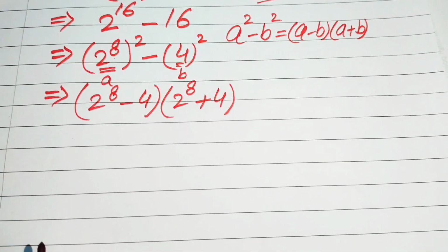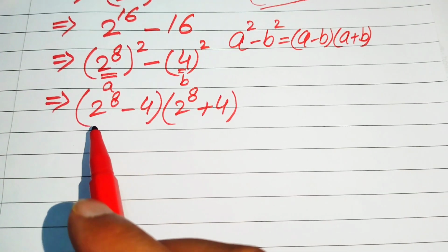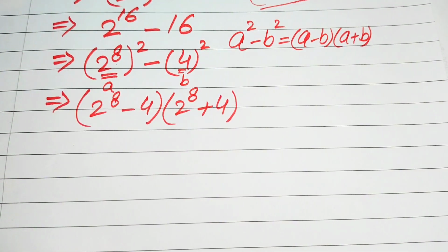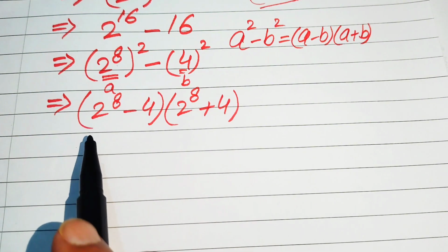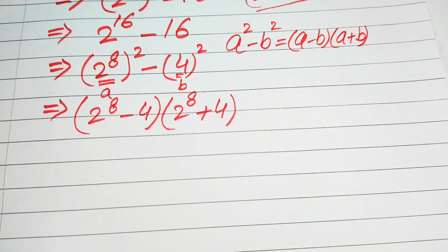So now the next question is how to find the value of 2 to the power of 8. Here I will introduce an easy trick to find the value of 2 to the power of 8 without using the calculator.